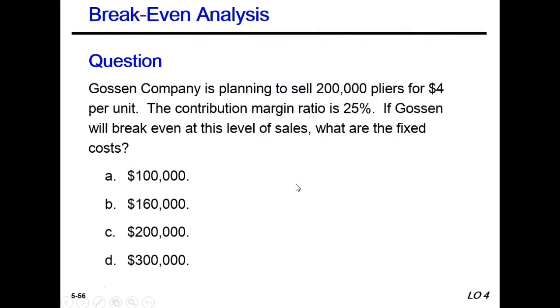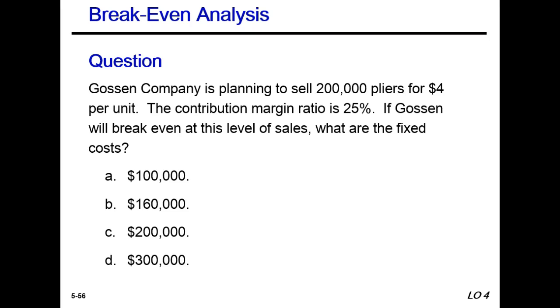Okay, so let's look at this one. Goss & Company is planning to sell 200,000 pliers for $4 per unit. The contribution margin ratio is 25%, which also means $1. Which means variable costs are how much? $3. Right?